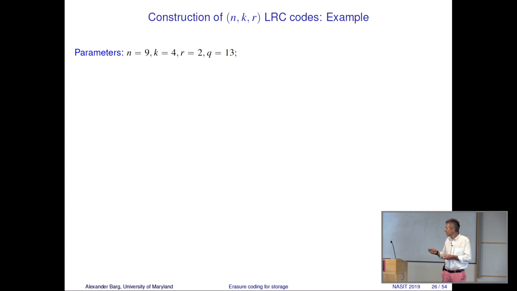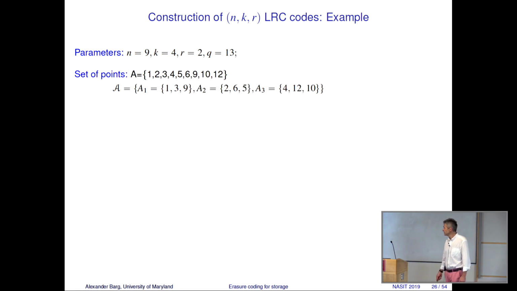Let us say we encode 4 symbols of data, and we want our locality r to be 2. So every single erasure should be recovered from looking at 2 other coordinates in the codeword. The field is of size 13, as before, because it is easy to do computations in your head modulo 13, easier than manipulating elements of the field of 16 elements.